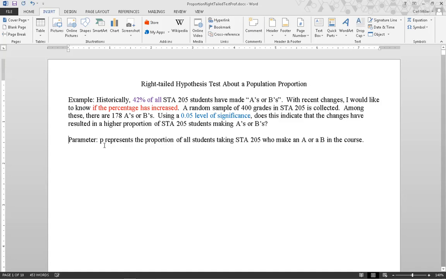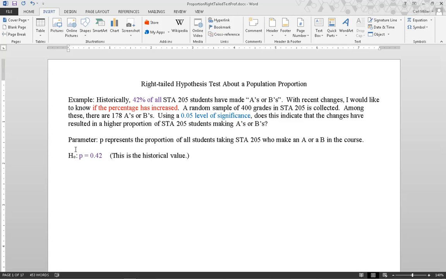We can begin by recognizing that the parameter P represents the proportion of all students taking Stat 205 who make an A or a B in the course. The next step is to identify the null and the alternative hypotheses. H sub 0 will be that the parameter P equals 0.42.